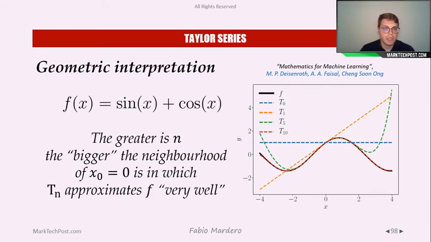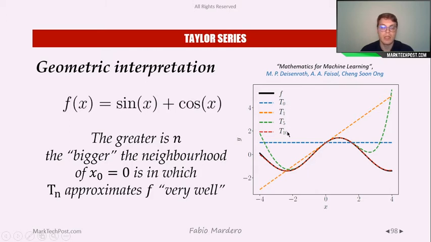Let's see a geometric interpretation, and let's take f equal to the sine of x plus the cosine of x. The black straight line is the function f, and the dotted lines represent the Taylor polynomials of degree 0, 1, 5, and 10.